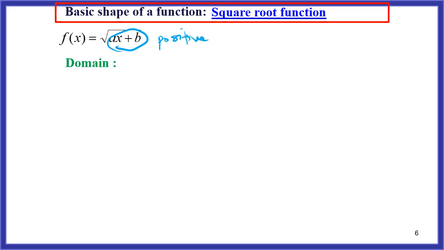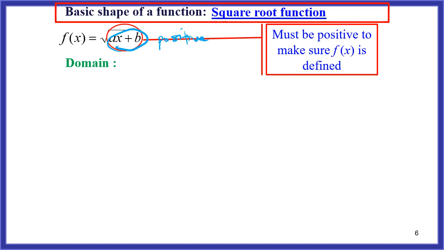That means ax plus b should be positive to make sure f(x) is defined. If we have a negative value, then we don't have a value for y, because the square root of a negative value is a complex number, which is not a real number. So the domain: f(x) is defined when everything under the surd or square root is more than or equal to 0.